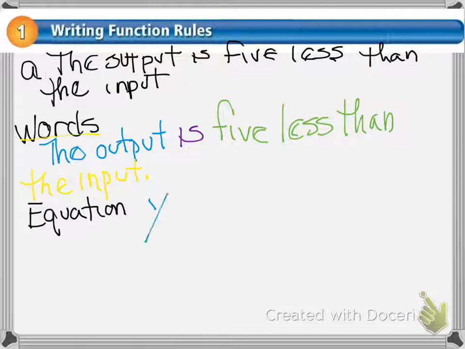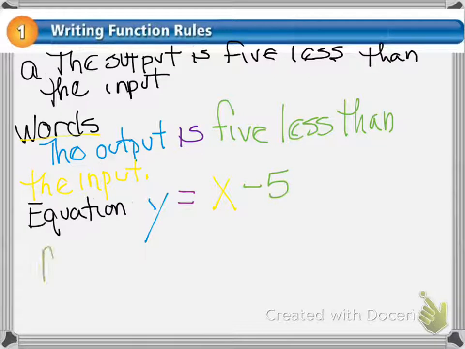So the output y, and "is" is always an equal sign, and then 5 less than. First we're going to say 5 less than the input. If it's less than the input, then we have to put the input first, and the input is the independent variable, the x variable. And now we're putting that it's 5 less than that, so that's minus 5.